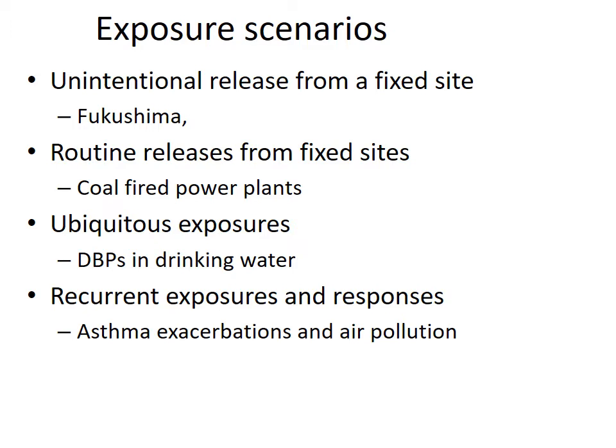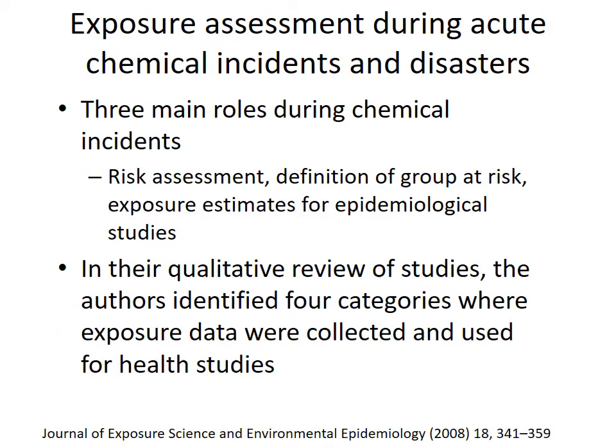And we can also think about recurrent exposures and recurrent responses, where recurrent exposure to air pollution may cause asthma to worsen. And each of these has a different environmental and occupational risk, and also a different exposure scenario for which we have to think about what data we can collect to better understand the exposures that were happening at or during the time of exposure.